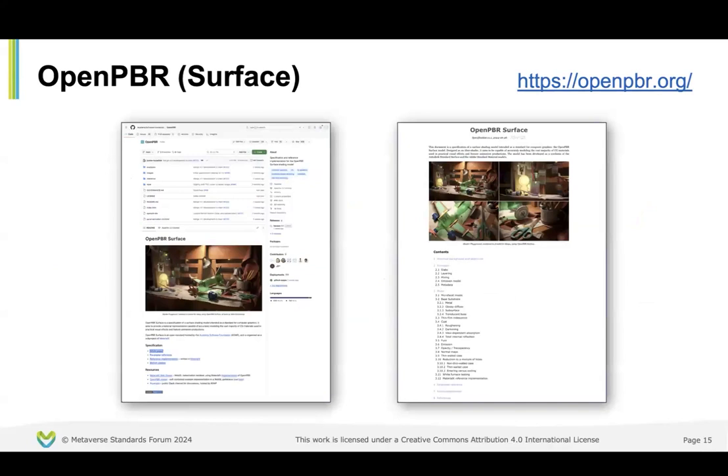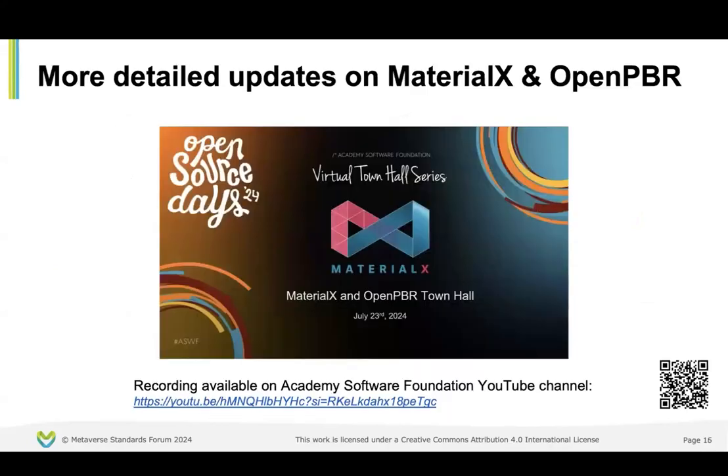You can just go to openpbr.org and find the specification there. And there was a town hall on the open source days just before SIGGRAPH on MaterialX and OpenPBR. So there's a whole lot more details on both MaterialX and OpenPBR and what the recent advancements are. If you're interested in that, you can find it on their YouTube channel, or just use the QR code there.